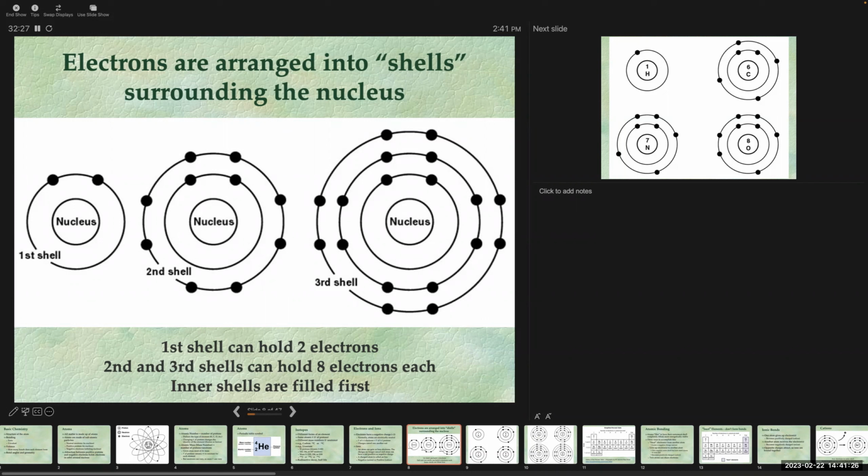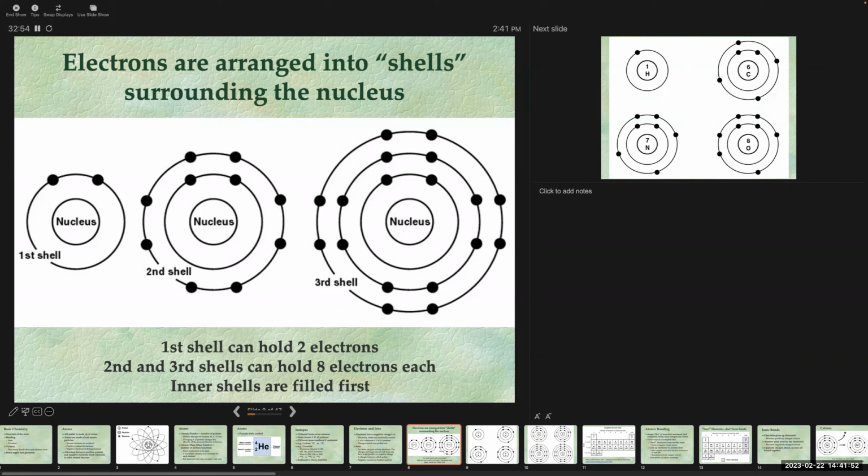That second shell can contain a maximum of 8 electrons. And if you then try to stick any more electrons into the atom, they won't fit in the first shell or the second shell. They'll have to jump out and create a whole third shell orbiting the nucleus. That third shell can also hold a maximum of 8 electrons.